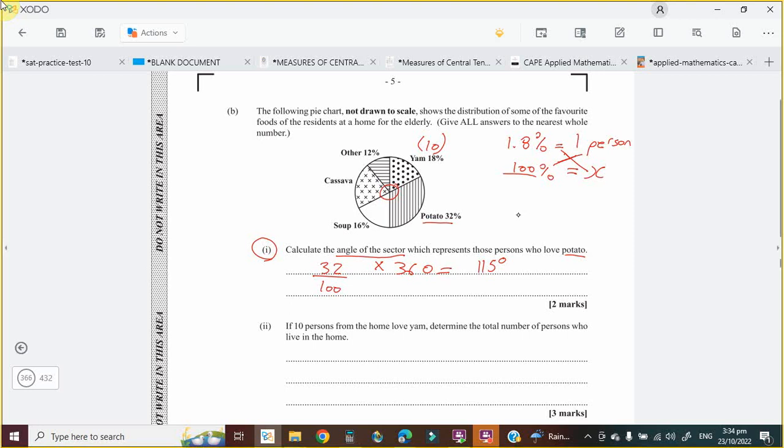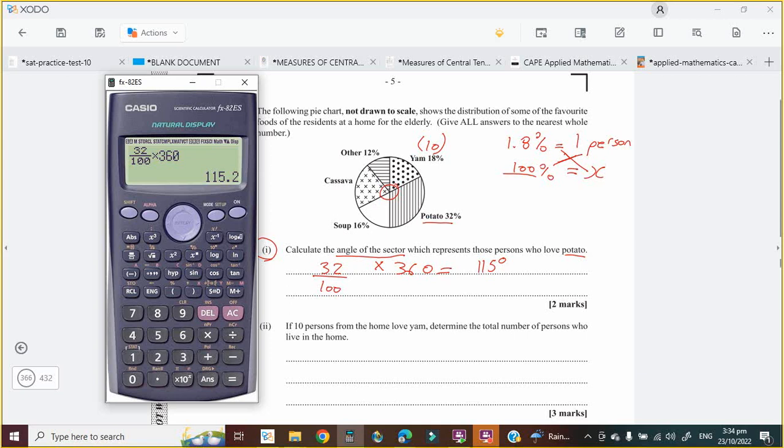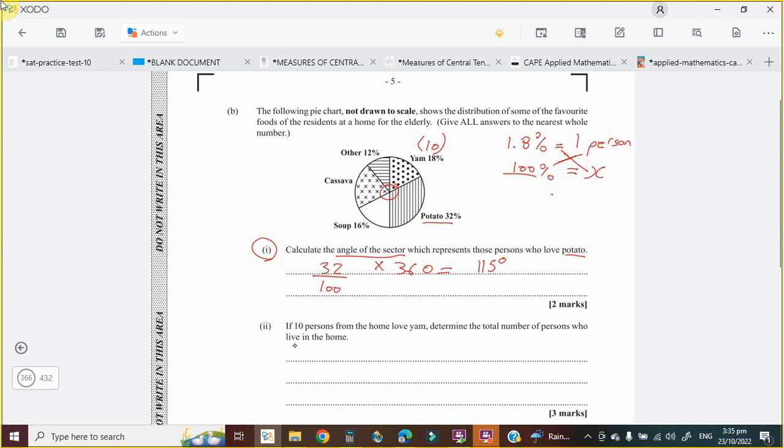Why don't you cross multiply? All right, no problem. But it's the same principle. But yes, Lamar, that's right. So you have the 100 and you divide it by 1.8. Now how much do you get? 55.5, but we round up, so it's 56 persons. So that's good. So 56 persons living in the home.